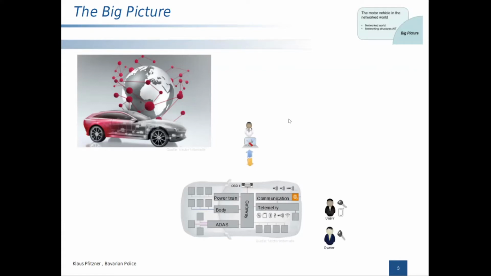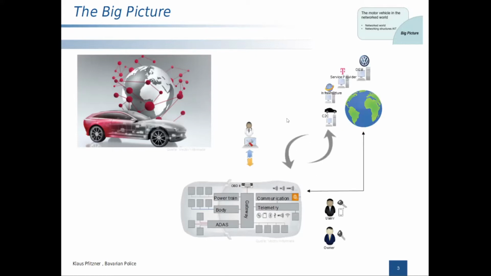The second, the user or the owner. They differ in their interests. And the online and offline discussion are there. The OEM has a point of view, as do the service provider, the infrastructure and other communication types which look at the data from the car. And last, you see the police requirements.